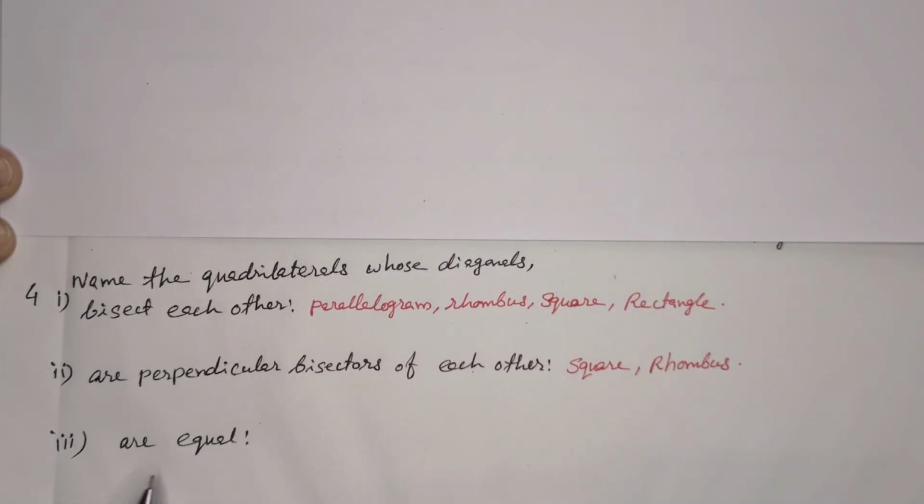Here diagonals are equal in the case of square and rectangle. So square and rectangle have diagonals of equal length.